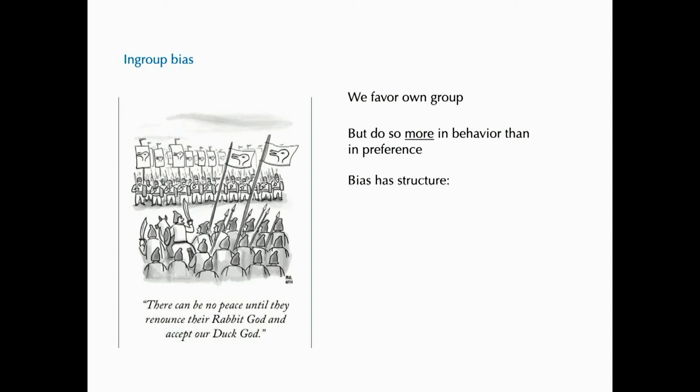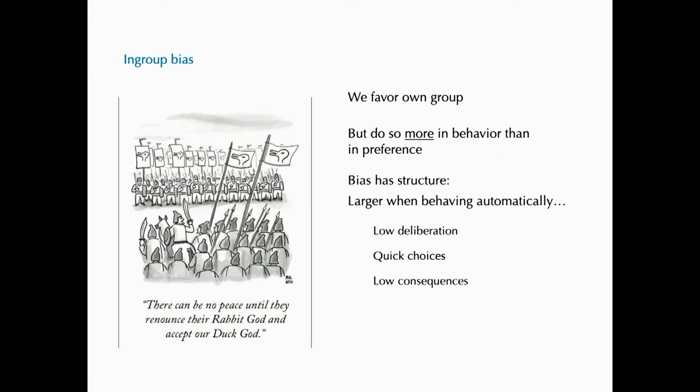But the bias has structure. In that sense, it relates to the self-control problem. It's larger when you behave automatically. In other words, when you make low deliberation, quick decisions, each with very small consequences, you're more likely to engage in this bias. What I mean is to do more of it than you intend.